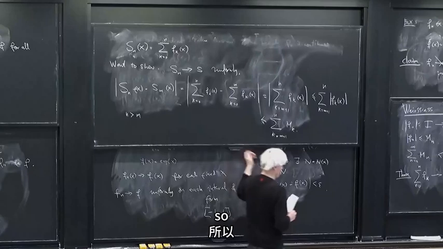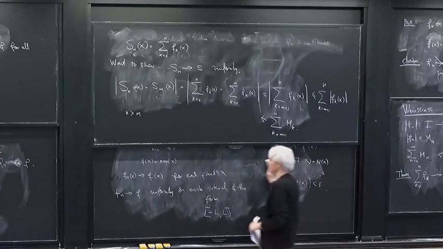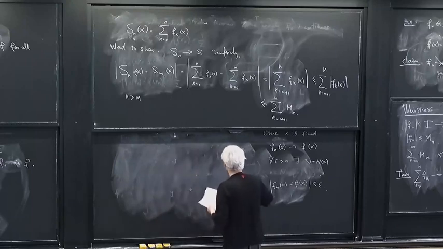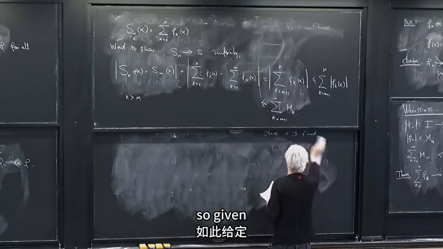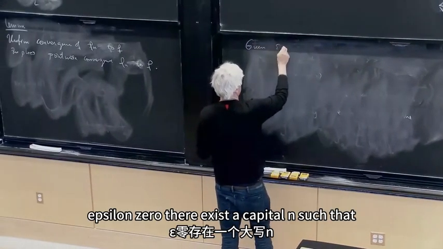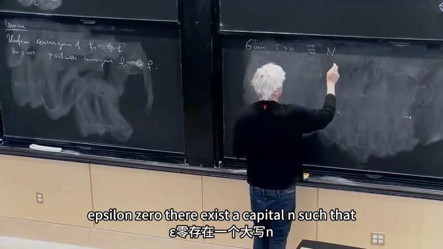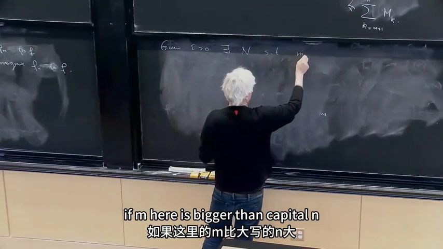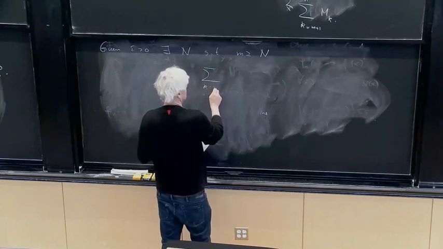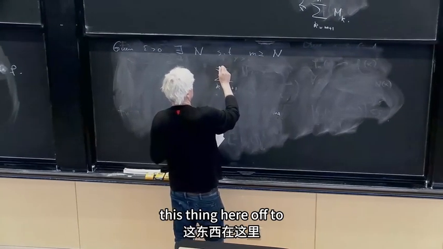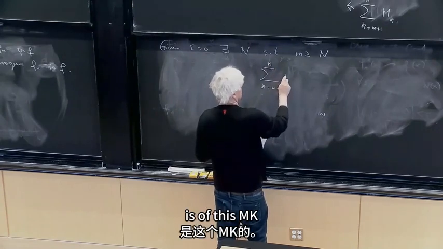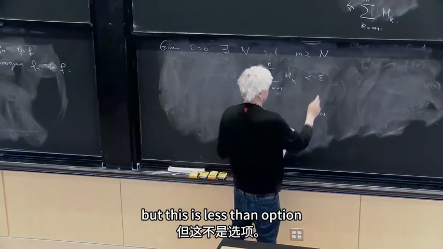So given epsilon greater than 0, there exists a capital N such that if m is bigger than capital N, then the sum of the tail of this Mk is less than epsilon.